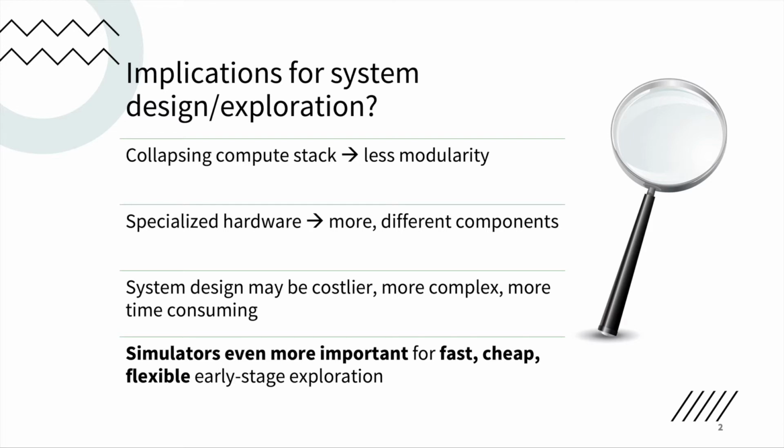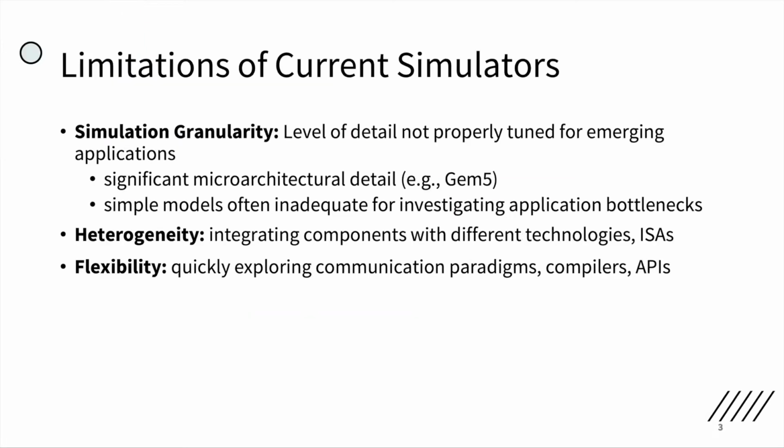Simulators provide fast, cheap, and flexible early-stage exploration, and they will be even more important in this era. Unfortunately, current simulator infrastructures have limitations that don't make them well suited for these challenges. Their level of detail is not properly tuned for emerging applications.